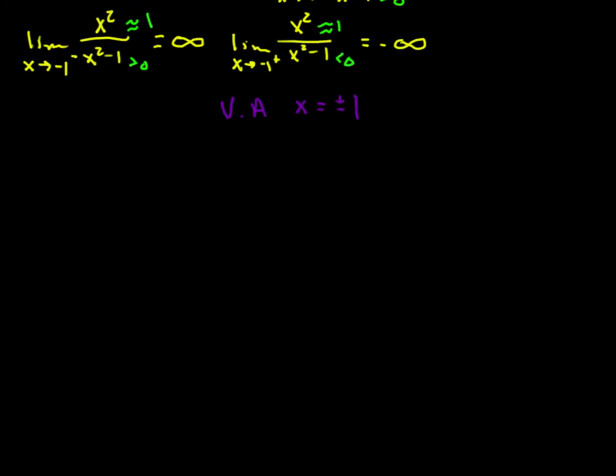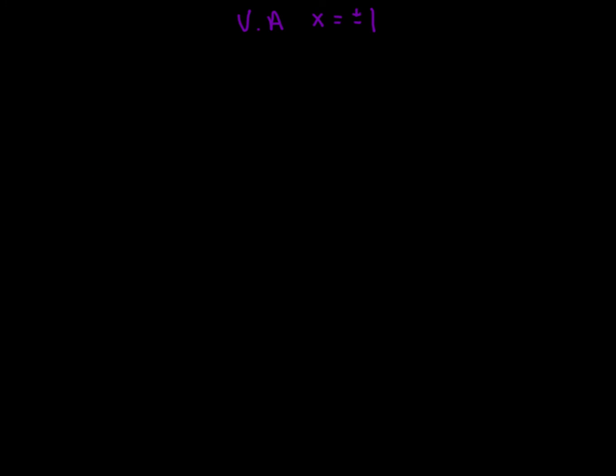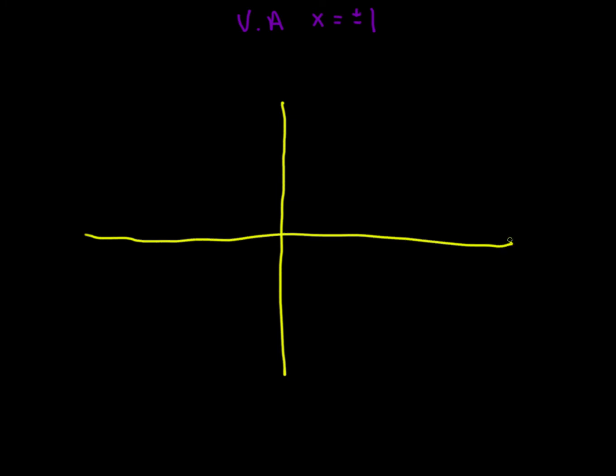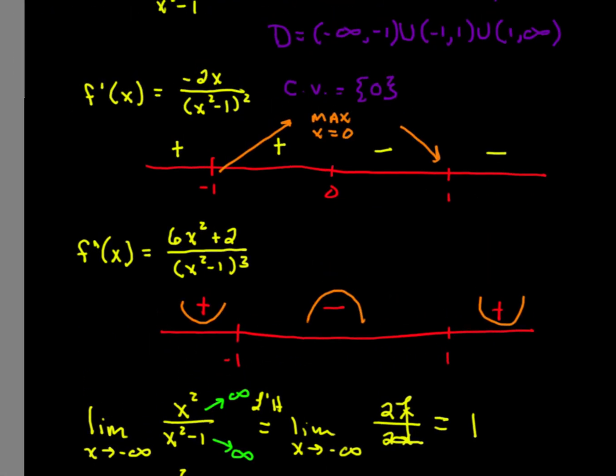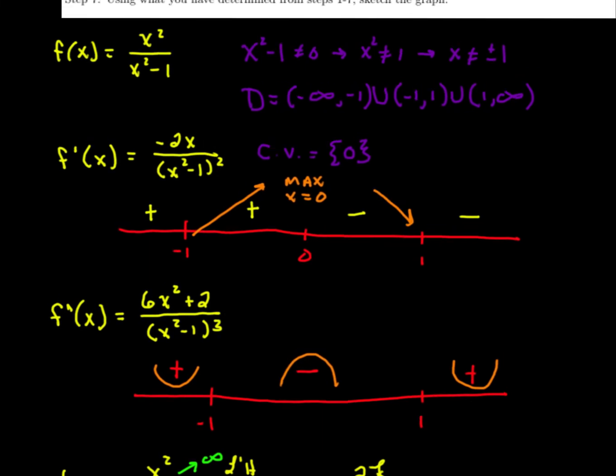So putting this all together, let's just plot a general axis. So here's the xy axis. The key spots are, where did we find the critical value? At 0.